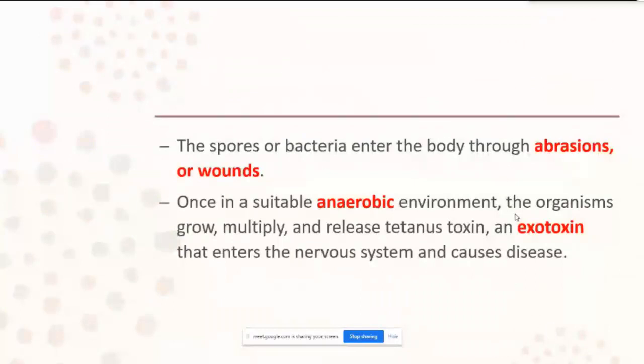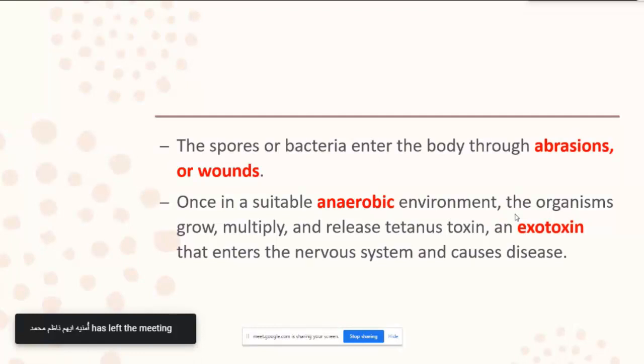And as you know, the spores of Clostridium tetani are ubiquitous in sand, soil and the environment. So any wound contaminated with sand may get infected with these spores. And Clostridium is usually an inhabitant of the bowel of many animals. So these are the normal flora of the bowels of many animals.